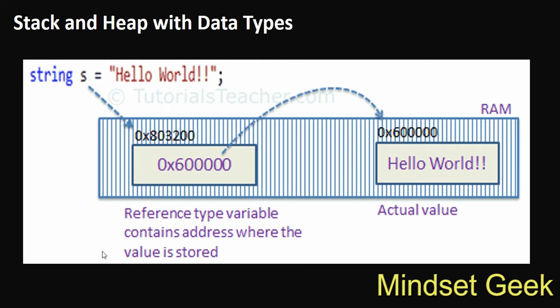Actually I got this image from Google. This will help you get a better idea about what is stack, what is heap, and how value type variables store data and how reference type variables store data.